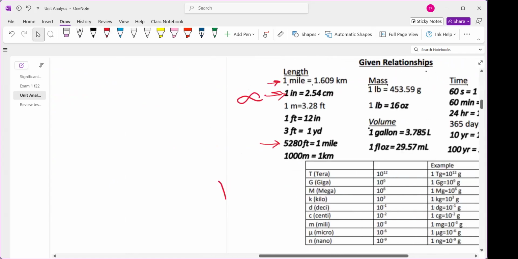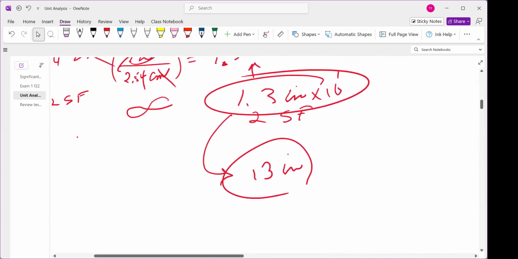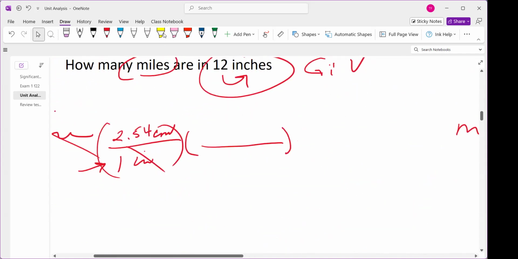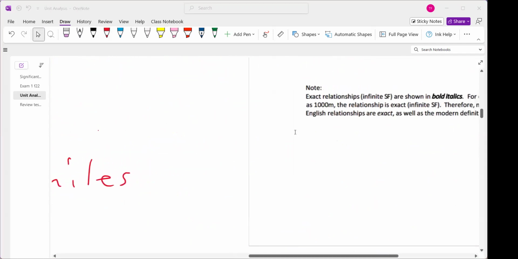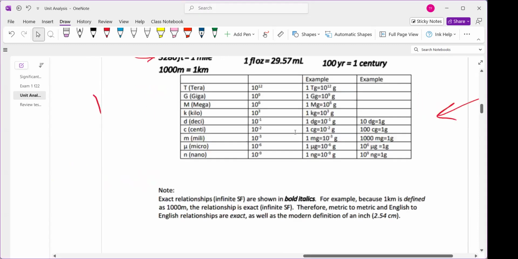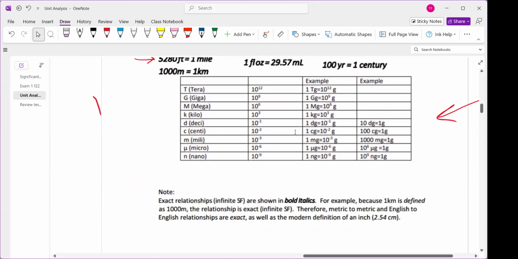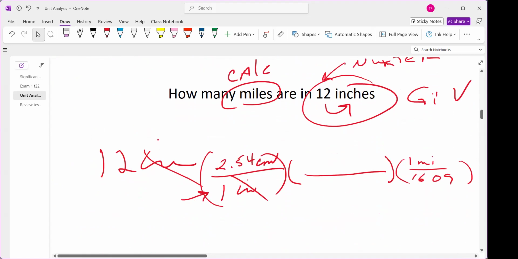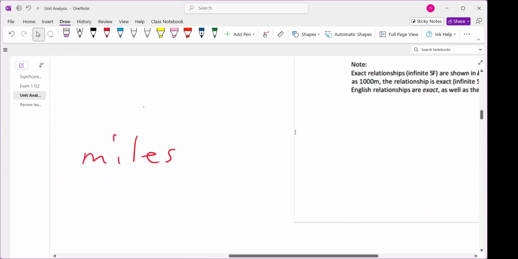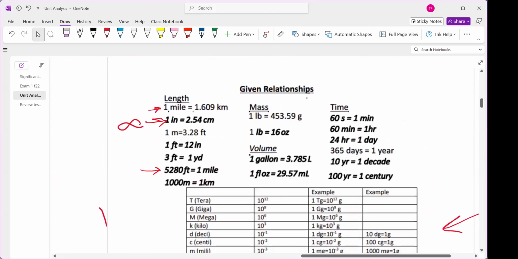So let's go over here and remember 1609. It was 1.6, right? 1.6, okay.